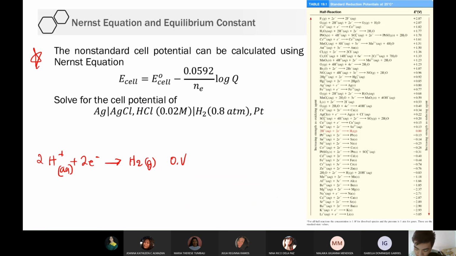Tapos yung Ag/AgCl, bibigay ko na sa inyo. AgCl plus e. Nasa table naman yun, don't worry. Ito ay may cell potential na 0.22.